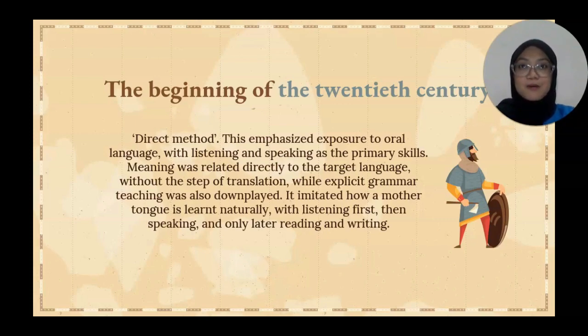Also, it mimicked language one learning but did not take into account the differences between language 1 and language 2 acquisition. One key difference is that language 1 learners have abundant exposure to the target language, which the direct method could not hope to match.